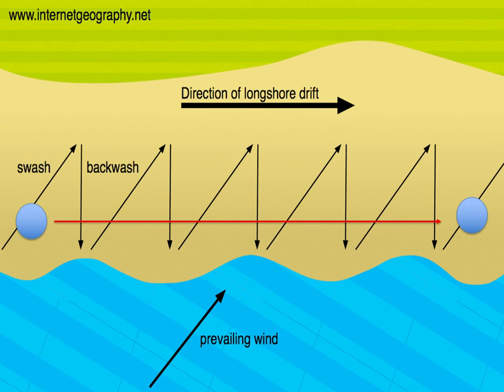Now, when we get on to later topics like beach management, we'll see how humans can actually interrupt this process, basically by putting a big wall in the middle of this longshore drift here. But we'll get onto that a bit later on. But just so we can be really clear on the entire picture, in theory, our erosion would be happening somewhere off screen to the left.